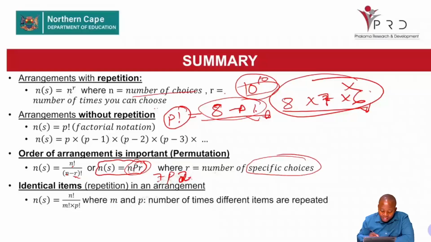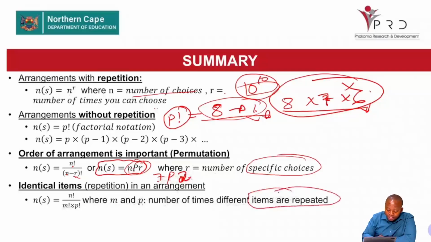Then identical items, where P and M were different items that are repeated. Here we're talking about letters that were repeated. Let's say the word exceed.